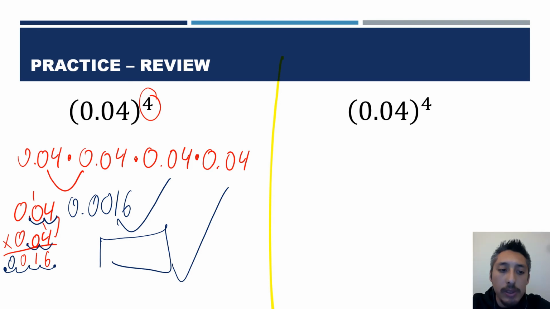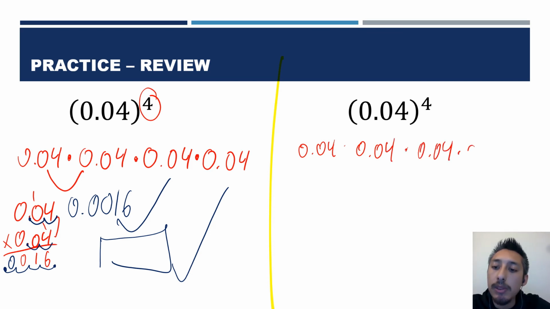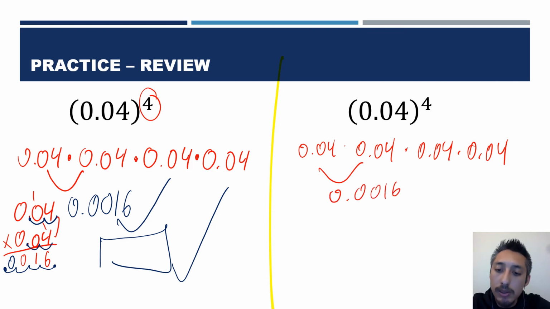Let's write this out one more time. We have 0.04 times 0.04 times 0.04 times 0.04. We already did the work for the first part. We know that this is equal to 0.0016.